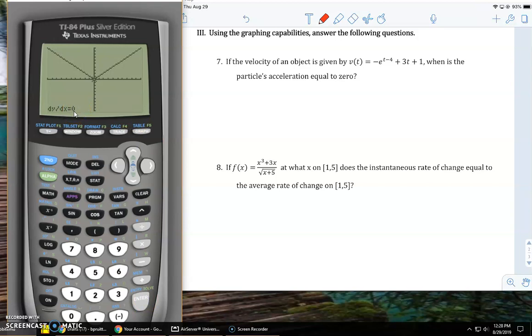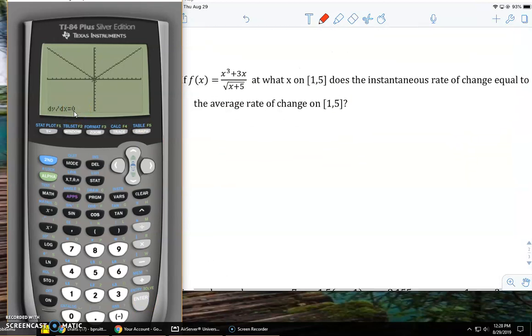You have to be kind of smarter than your calculator and be aware, because how the calculator is finding the derivative is it's taking a point 0.000, I think 3 zeros, to the right of your point and to the left, and then finding the slope of that line.